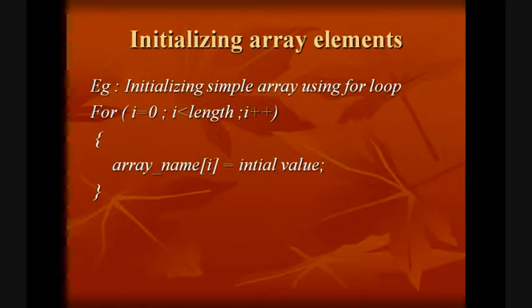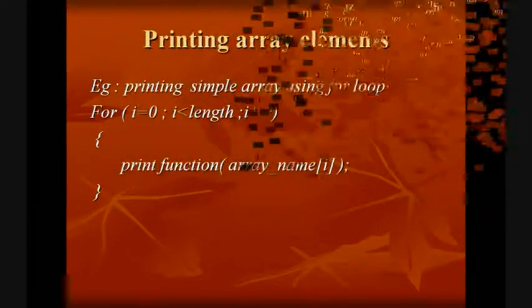This slide shows the usage of a single for loop to initialize a one-dimensional array. Here we use a for loop to access array elements 1 by 1 till the end of the array. The for loop ends when the last element of the array is accessed.